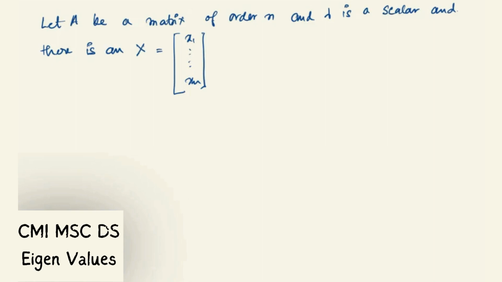Then consider the equation Ax equals lambda x. So you need to find some lambda and x both which satisfy this equation.